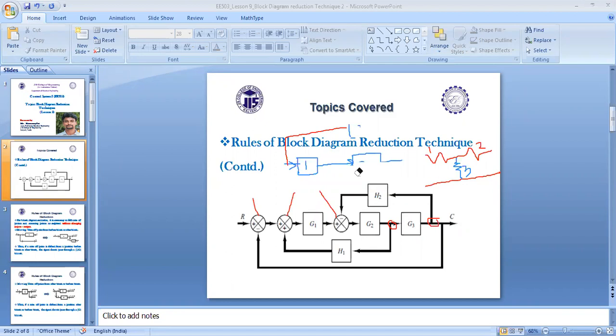So if a takeoff point is violating series connection or parallel connection or feedback connection between any two blocks, then we need to shift the takeoff point before the block or after the block, so that we can make series connection or parallel connection or feedback connection between those two blocks, as I have shown here.